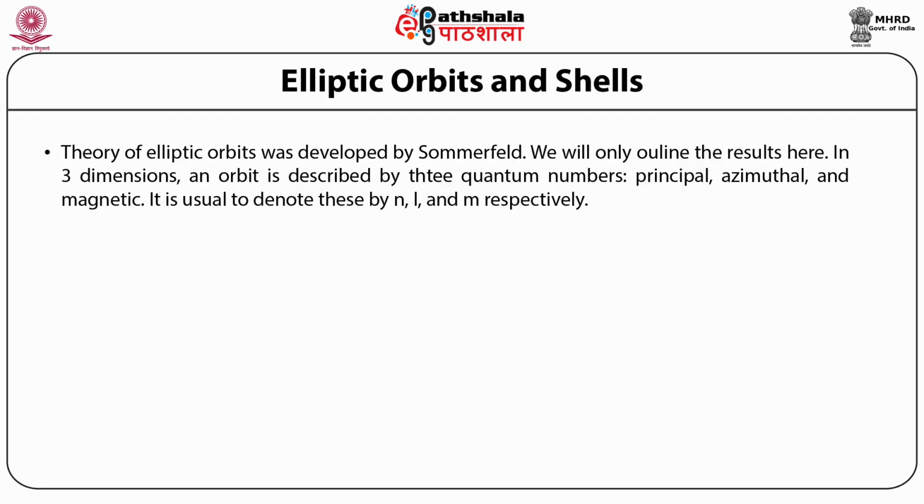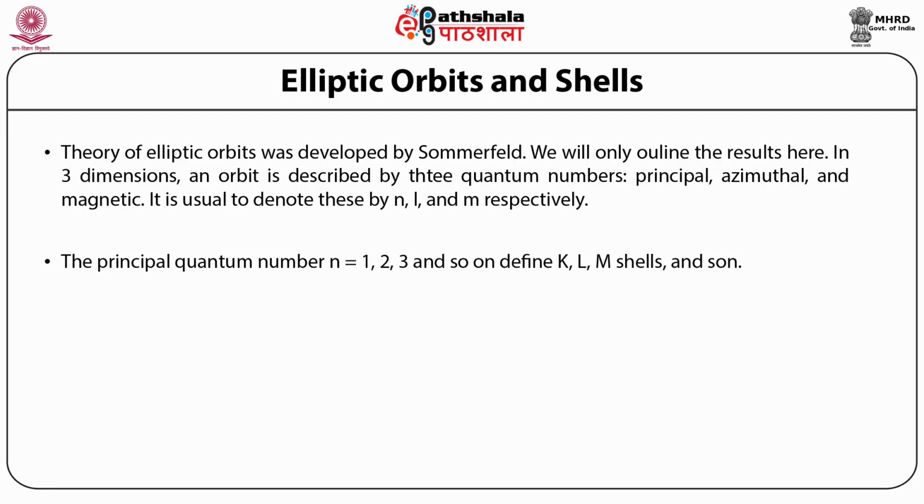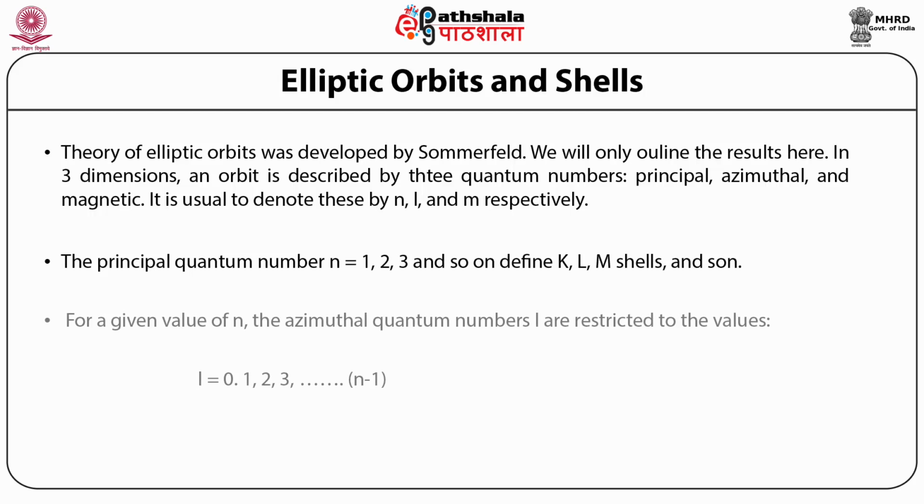Since the atom is really a three-dimensional object, it can be described not by one quantum number n, but by 3 quantum numbers, called n, l and m, which we'll see a little later. Now, n is called the principal quantum number, and it defines the shells like K, L, M and so on. For a given value of n, there is another quantum number l, which is called the azimuthal quantum number.